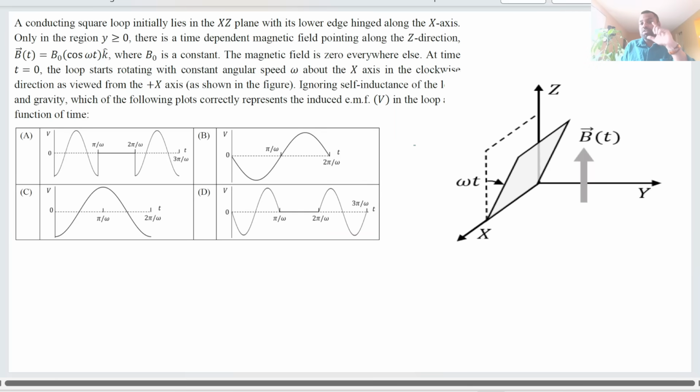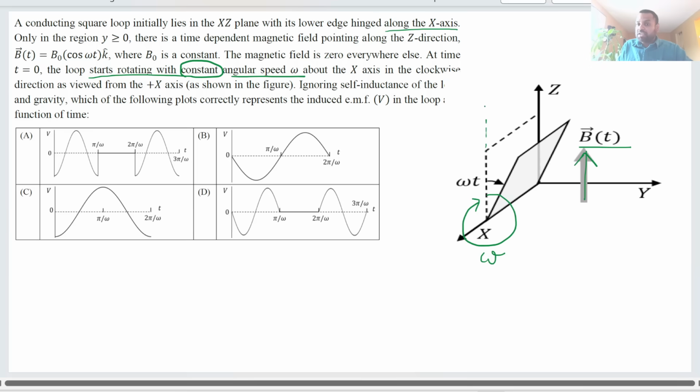Okay, now let's look at the problem. It says that the loop is rotating about the x-axis, right? It's hinged along the x-axis and the loop starts rotating with constant angular speed omega. So the loop is rotating like this, omega, right? And the magnetic field is B vector, right? So what is the full rotation time?